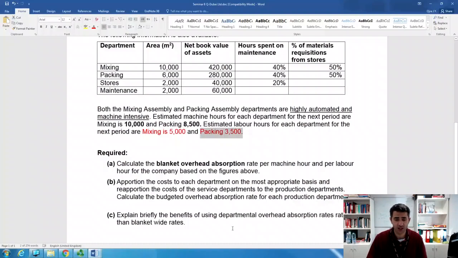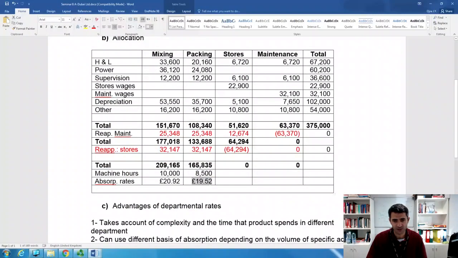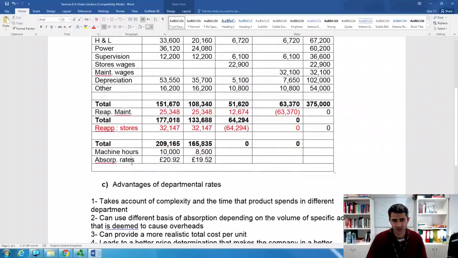So we have used the machine hours more. In this case, very simple, you divide by 8,500, the number of machine hours. 165,835 divided by 8,500 equals 19.52 per machine hour for the packaging department, and this is the overhead absorption rate.